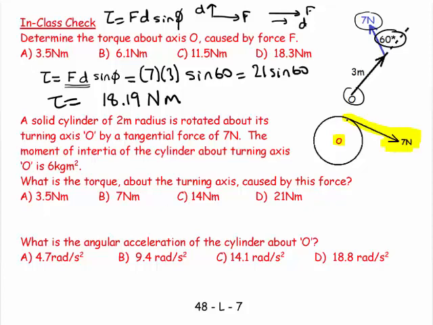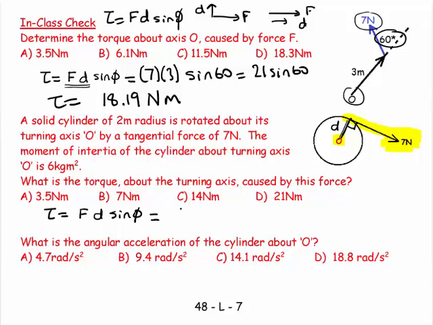Well, the torque is the turning effect, which is equal to the force times the displacement, what we call the lever arm, times the sine of the angle between them. And if I look at my diagram, my lever arm is there and my force is there, and there's 90 degrees between them because I wrapped a rope around, and it says it's tangential.